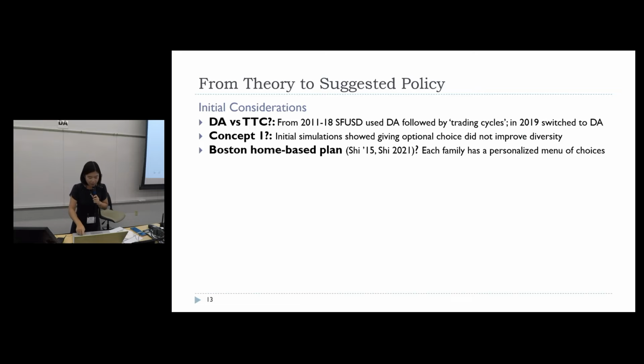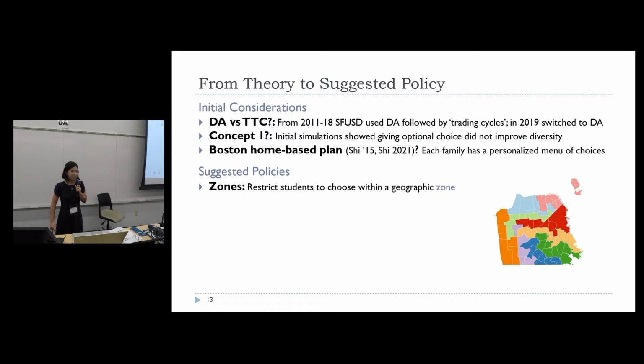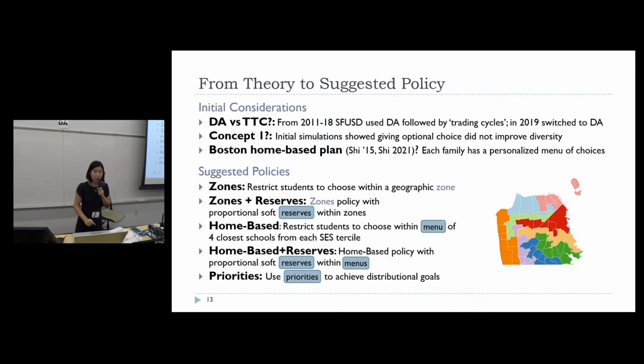And so based on these initial conversations, we evaluated a couple of different policies. The first was this vanilla zones policy. This was concepts 2 and 3 that was proposed by the district. On top of that, drawing from all of the literature, we considered adding reserves to the zones policy. We also considered a home-based policy like the one in Boston with or without reserves.